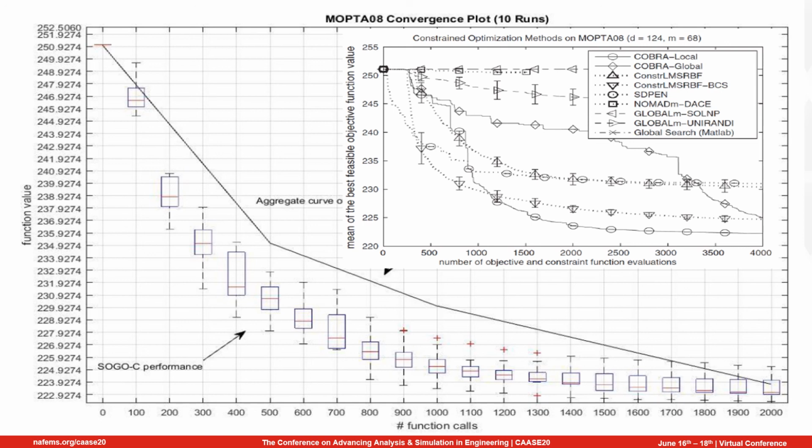And as you can see, the objective value of Oasis at every level of function evaluation calls is better compared to the aggregate curve of best points from the published paper.